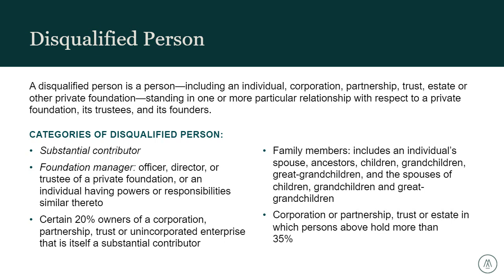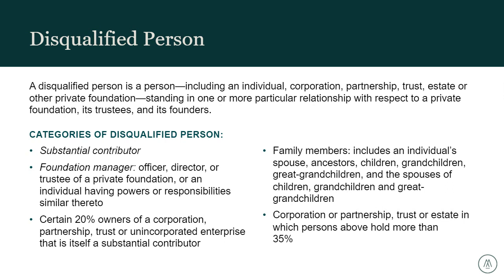For purposes of control, it's defined as owning more than 35% of the voting power of a corporation, or 35% of the profits interests in a partnership, or more than 35% beneficial interest in a trust. So this can get complicated pretty quickly to keep track of who your disqualified persons are.